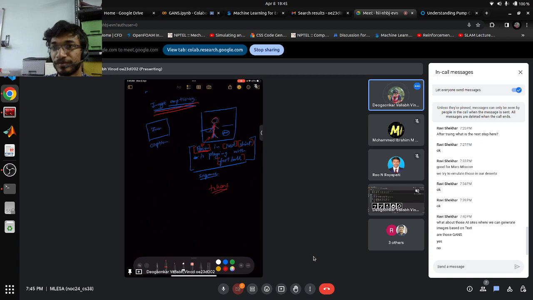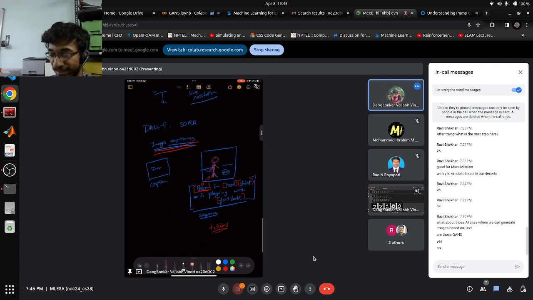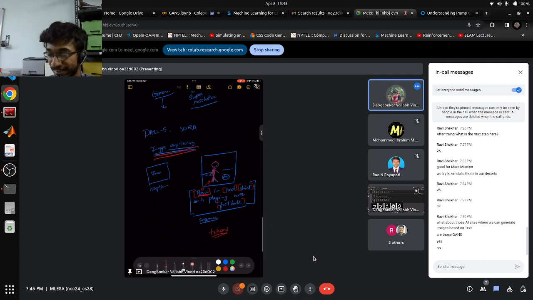Eventually you learn some mapping, the relation of this word person with what is in the image. That is the goal of image captioning. Once you have learned that, you can train a model to start generating what a person would be.